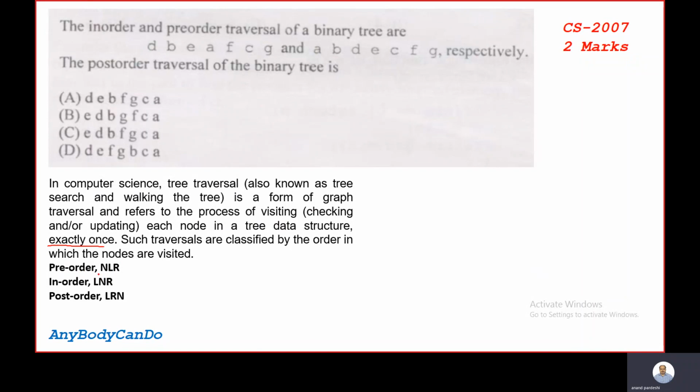In pre-order traversal, first we visit the root node, then we visit the left node, then we visit the right node. In in-order traversal, first we visit the left node, then the root node, then the right node. In post-order traversal, first we cover the left node part, then the right node, and then the root node.